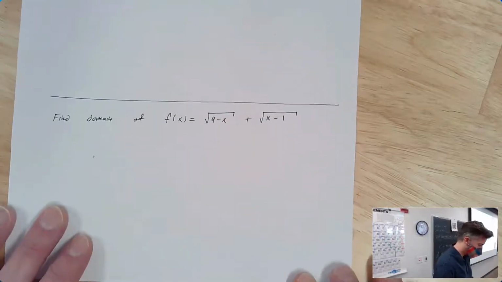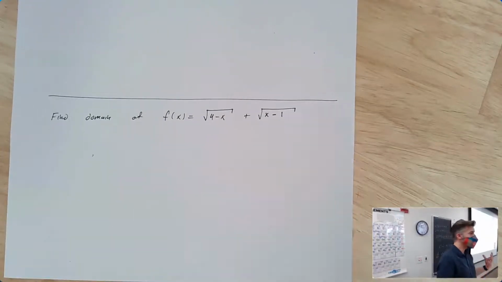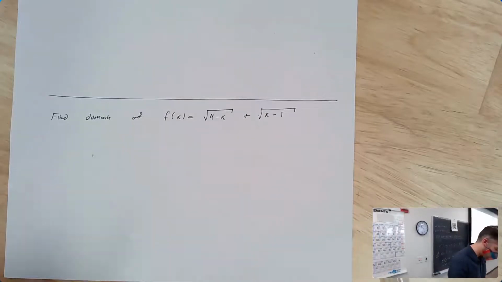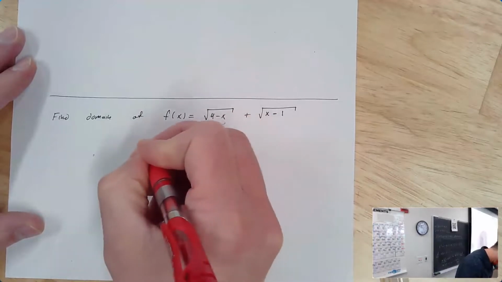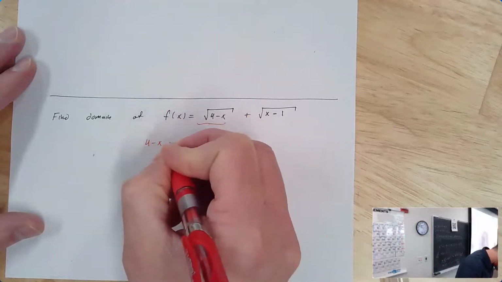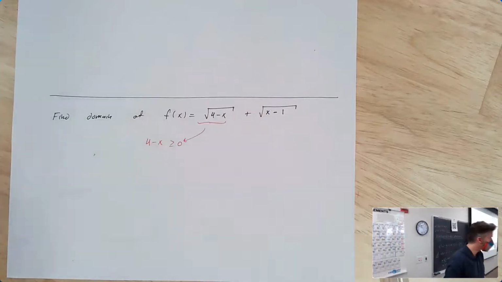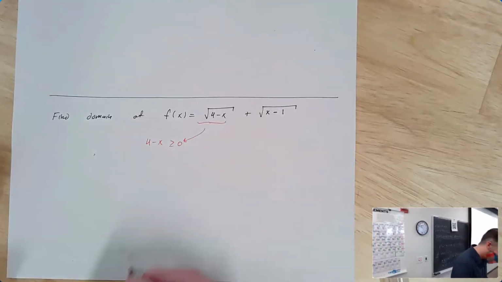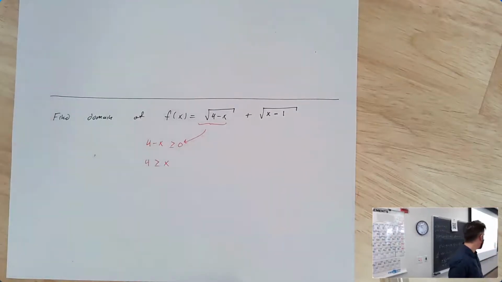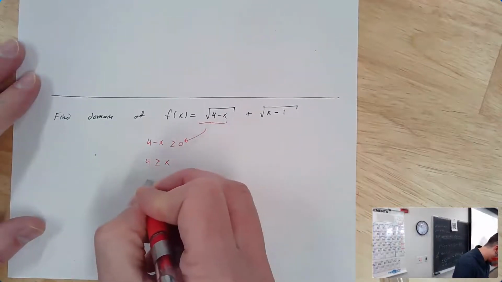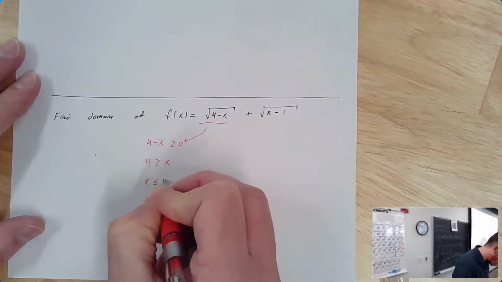Okay. So we've got two things we have to worry about. In this first piece here, I need 4 minus x to be greater than or equal to 0. I would probably add x to both sides and say 4 is greater than or equal to x, which means the same thing as x being less than or equal to 4.